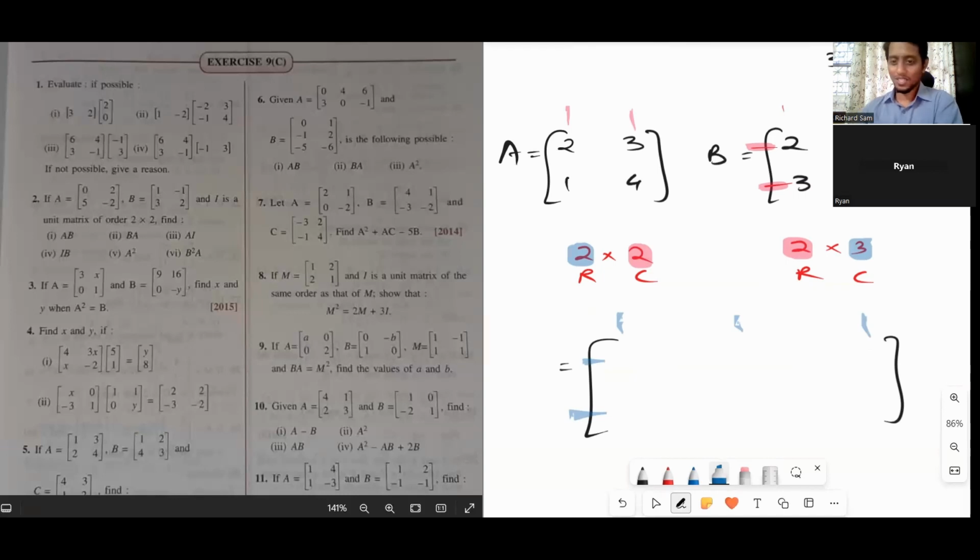So once again, you have to first write the order of both the matrices. And then these 2 numbers should match. The columns here and the rows here should match. And the answer that you're going to get will be of the order 2 by 3, the rows of the first and the columns of the second. So it's going to look something like this with 2 rows and 3 columns. Is that much clear?